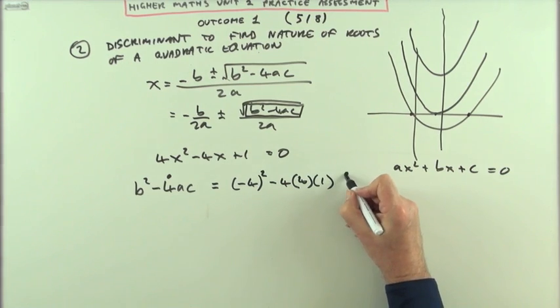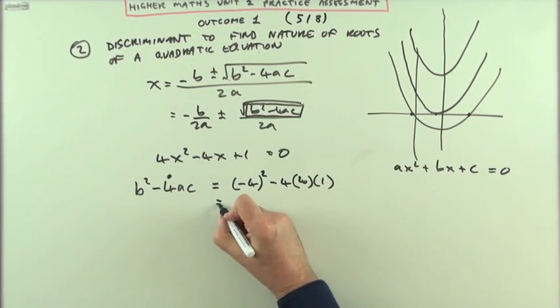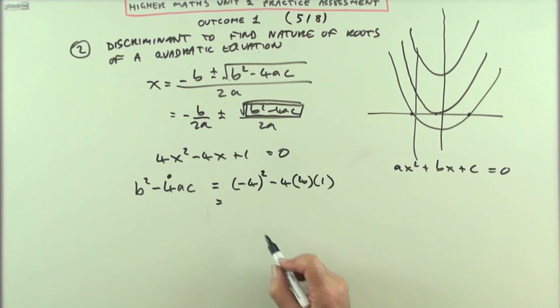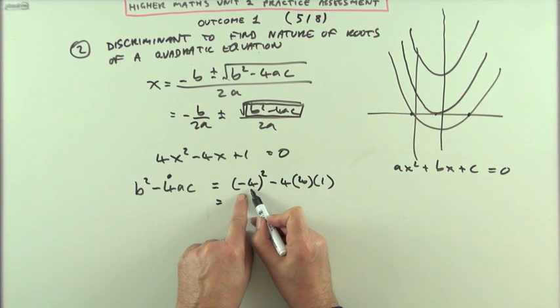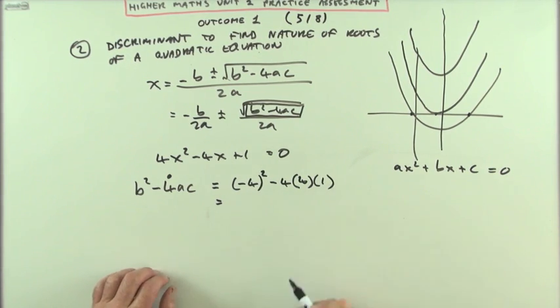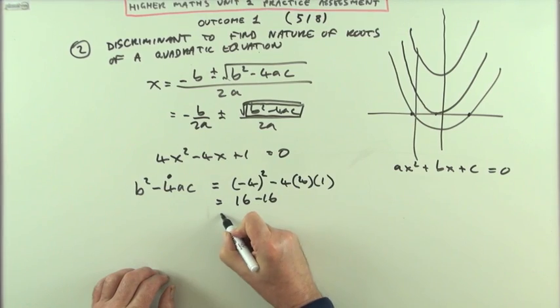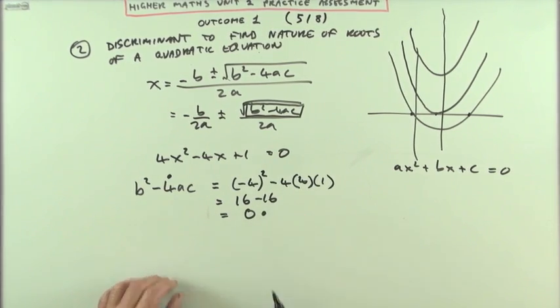Now that's worth the second mark, or rather, once it's been evaluated. So you have to write this out, being careful of this. If you don't do that, you'll lose that second mark. Evaluating that actually gives me a 16 minus a 16, which gives me a 0. Evaluating it gives me the second mark, so that's nothing then really, is it?